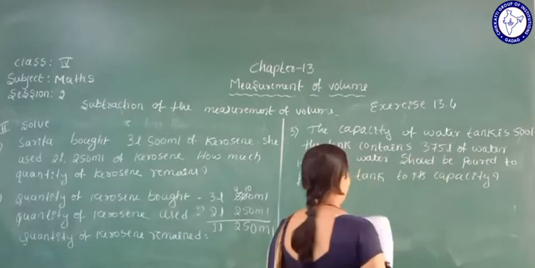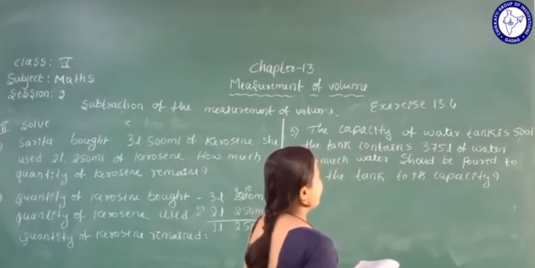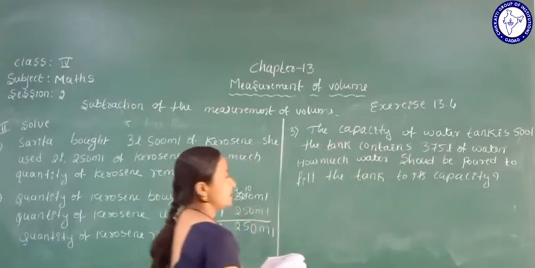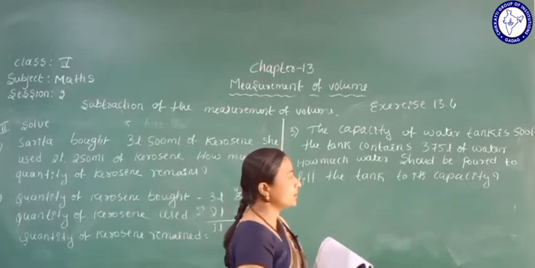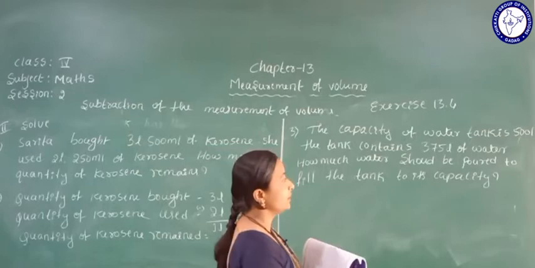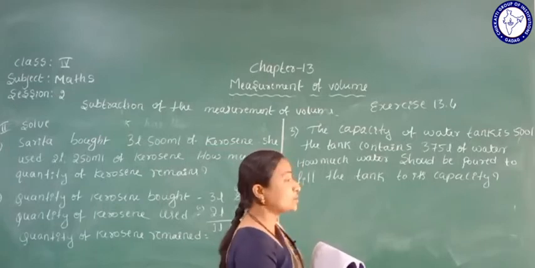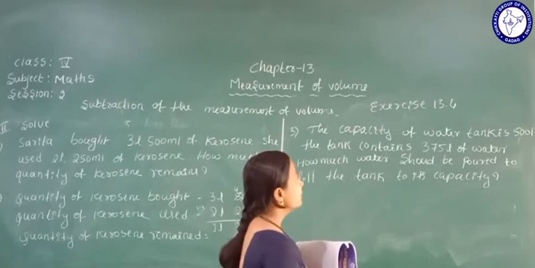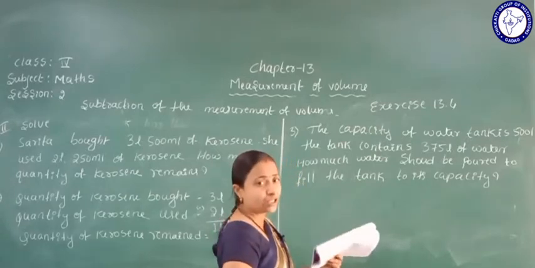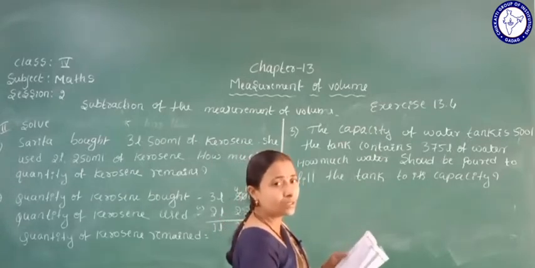So the capacity of the water tank is how much? That is 500 liter. The tank contains how much? 375 liter of water. How much water should be poured to fill the tank to its capacity?